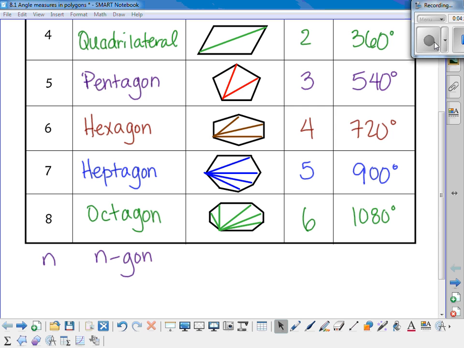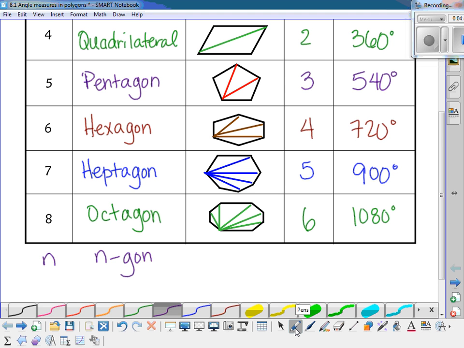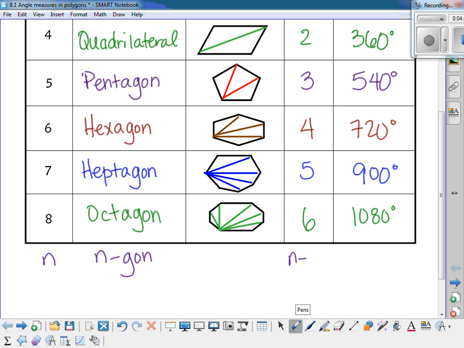When I had 4 sides, 2 diagonals; 5 sides, 3 diagonals; 6 sides, 4 diagonals, and so on. So what are we doing? We're just subtracting 2. So the number of triangles is n minus 2. The sum of my interior angles is n minus 2, whatever the sides were, subtract 2, and multiply that times 180.